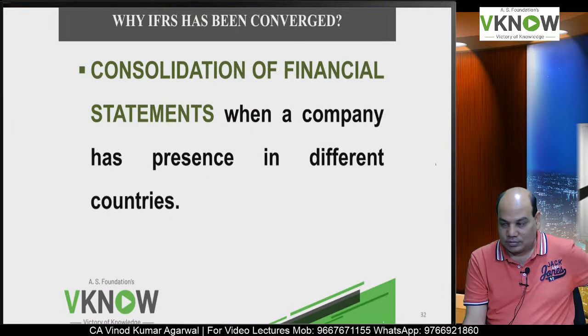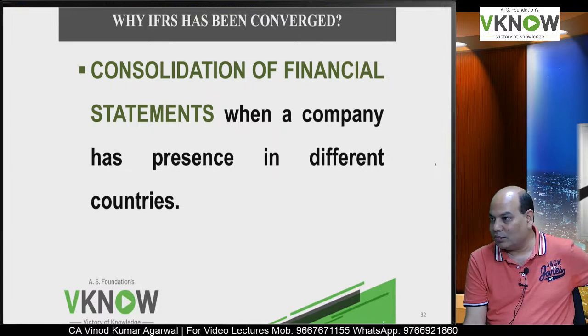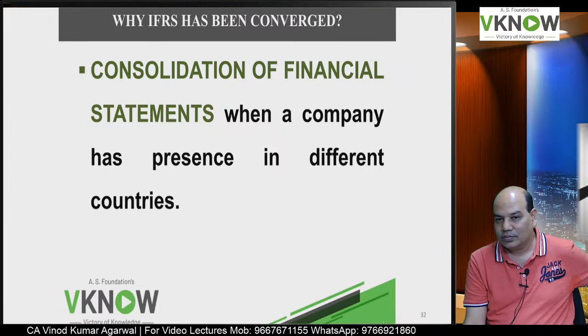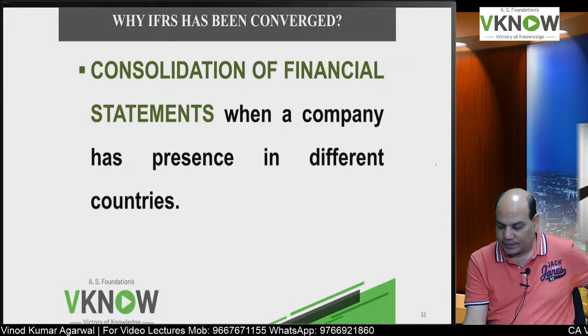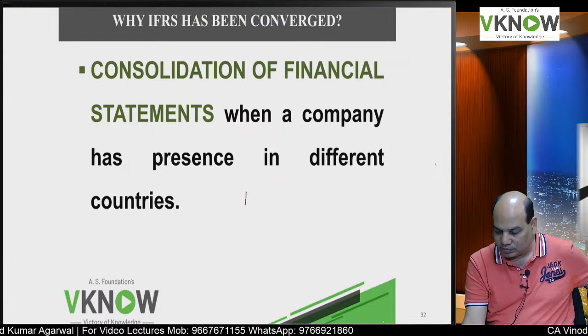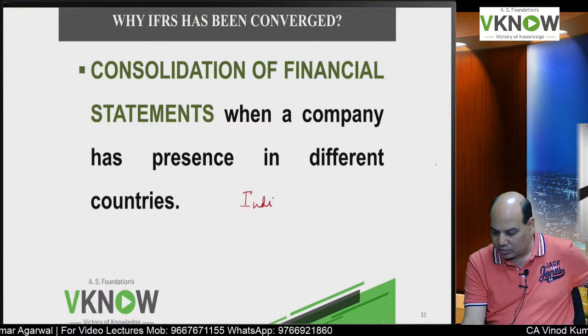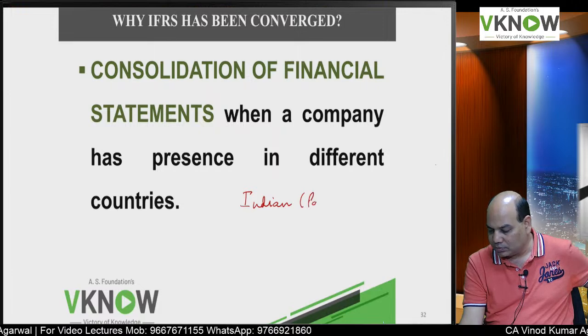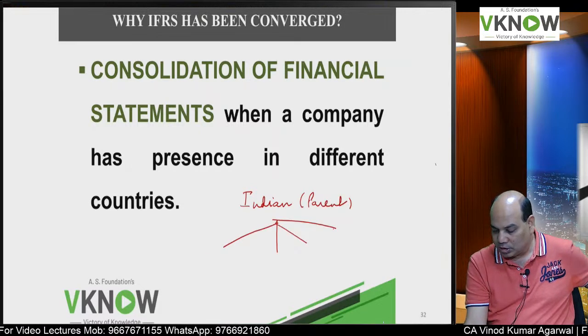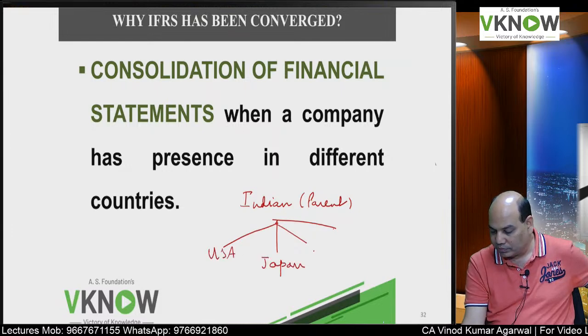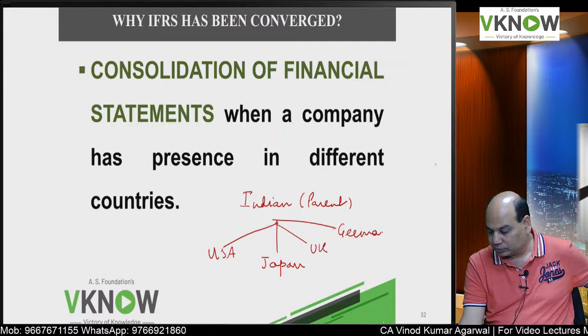And one of the major reasons why we decided to converge is consolidation. When this Ind AS was not there, see the problem that used to happen. We were an Indian parent company, and this has got subsidiaries in USA, say Japan or UK, Germany.